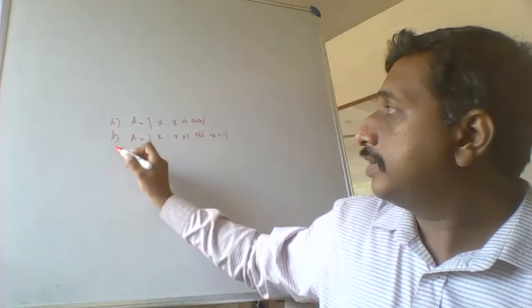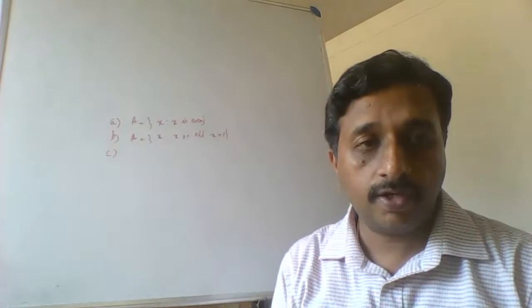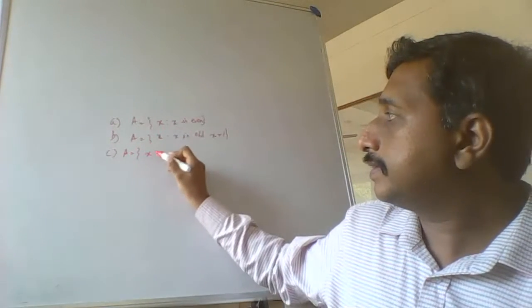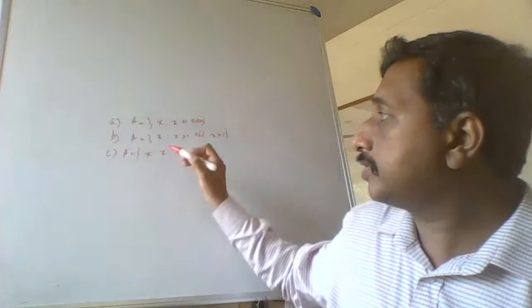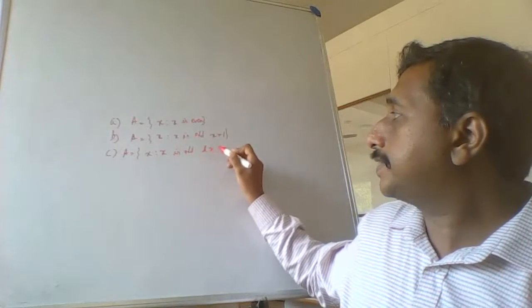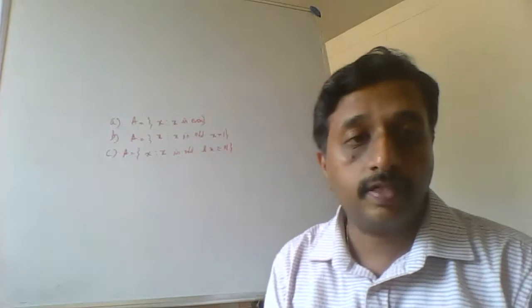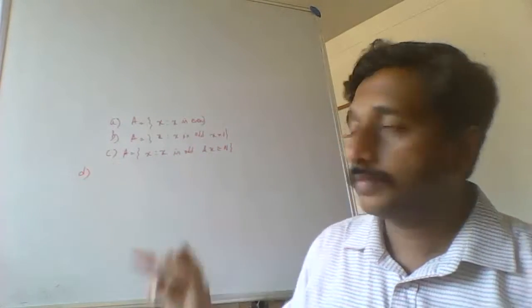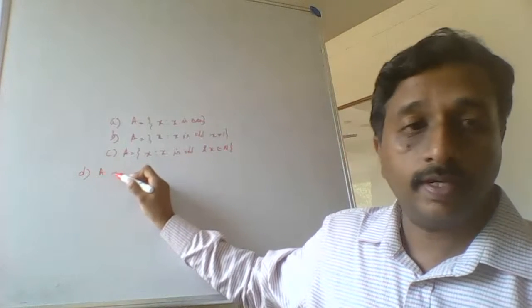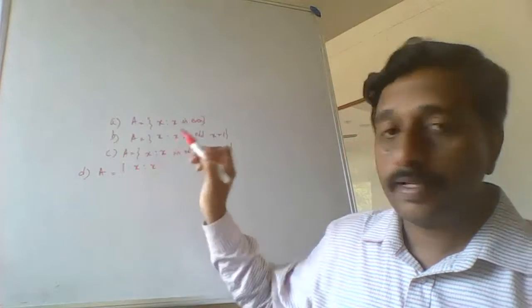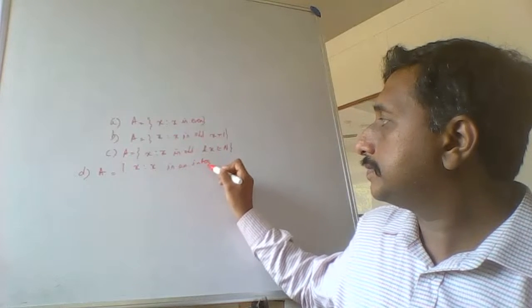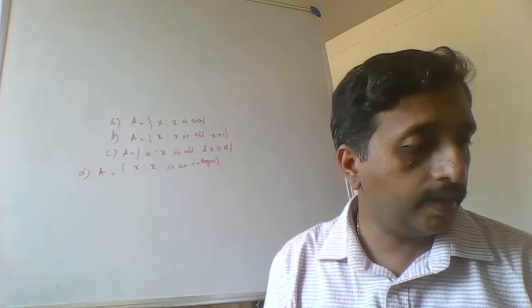Another choice, C: A is equal to x such that x is odd, and x belongs to N. Another choice, D: A is x such that x is an integer.